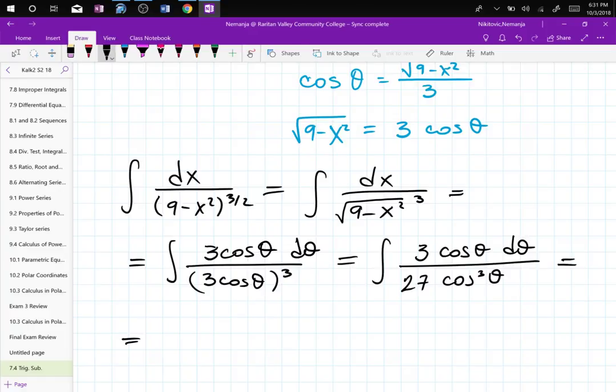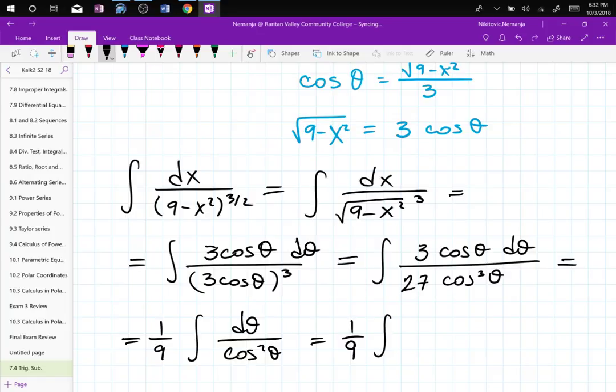Cancel, kick the constant outside, so that's 1 over 9 outside, and inside you are left with d theta over cosine squared theta. What's 1 over cosine squared? Yeah, secant squared, exactly. So integral of secant squared theta d theta.